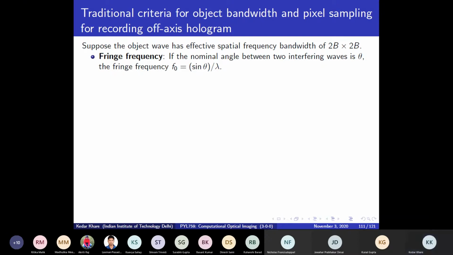If you calculate the interference pattern of 1 and e raised to i k x sine theta, you will see that the frequency of fringes is sine theta by lambda, so the period of fringes is lambda divided by sine theta. Have you all evaluated this sometime? Yes, sir. The frequency is going to be sine theta by lambda.